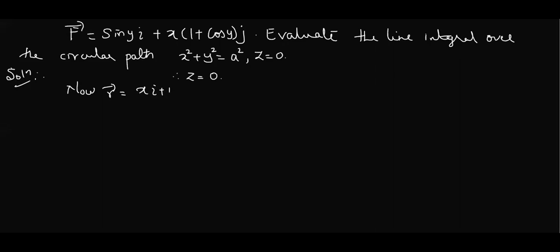Now here z is 0, so what will remain? It is only xi plus yj, isn't it? Here this is not converted in terms of t, so I will not differentiate with respect to t. I'll just take dr, just differentiating.